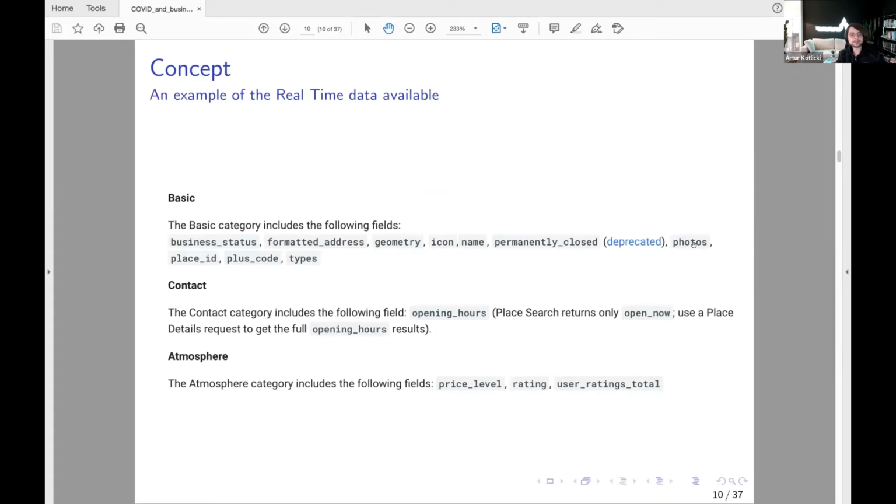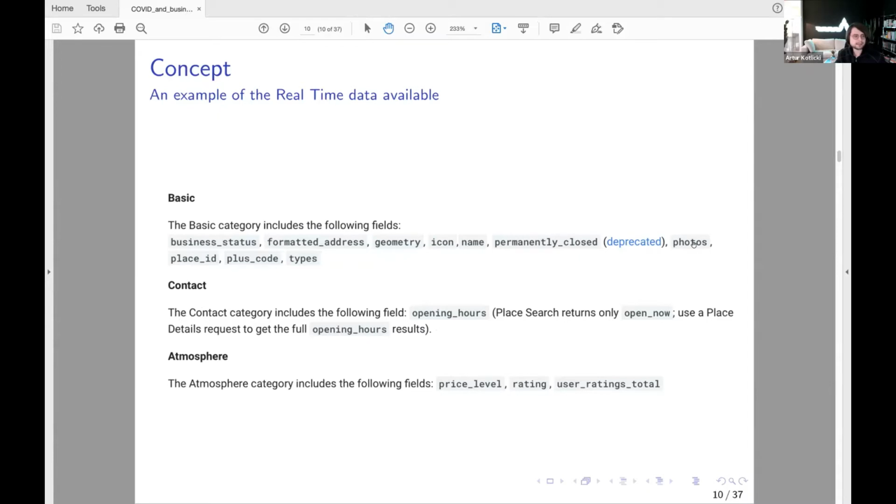Okay, so let me start with diving deep into what actual data set is available for us in the Google API places, and hopefully convince you that this is the place to start the research with, as it is quite a rich data set that has quite a lot of interesting information that we can use for the project.